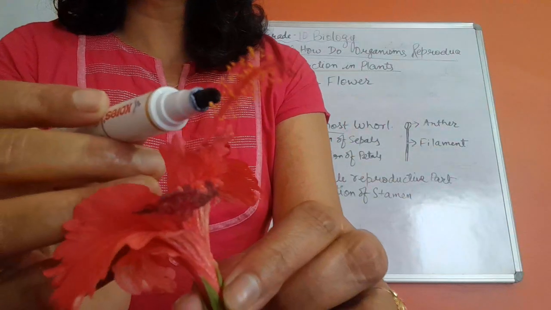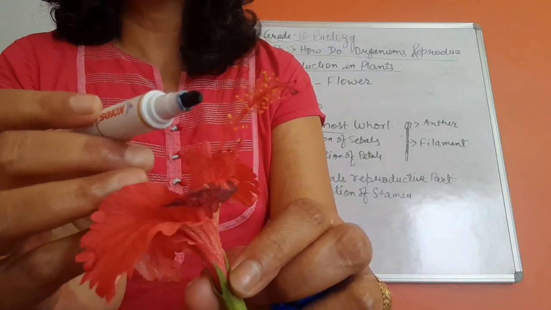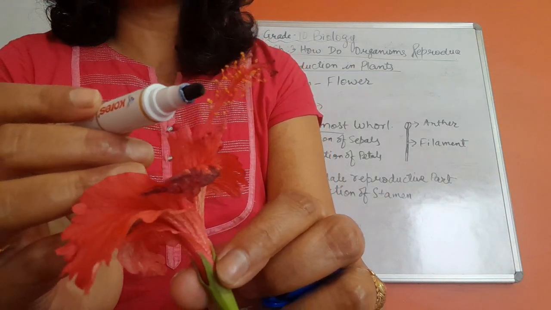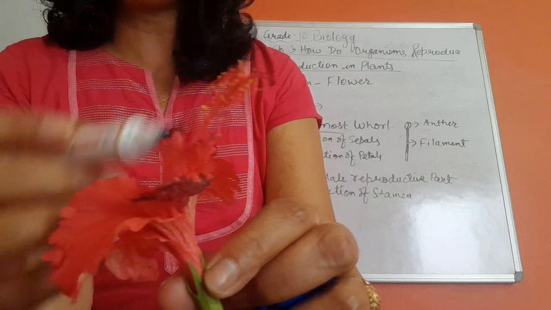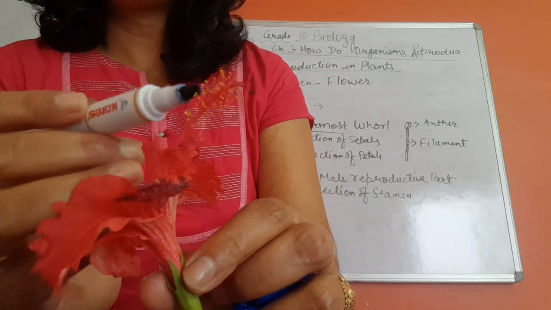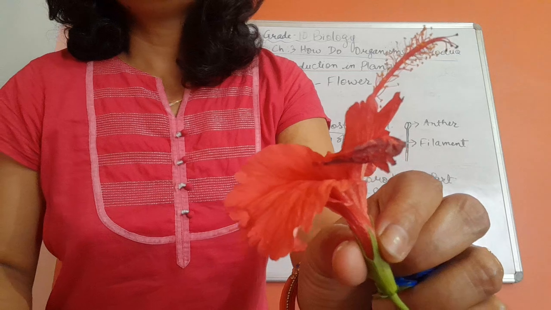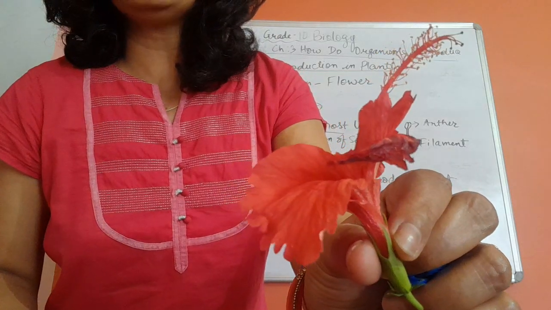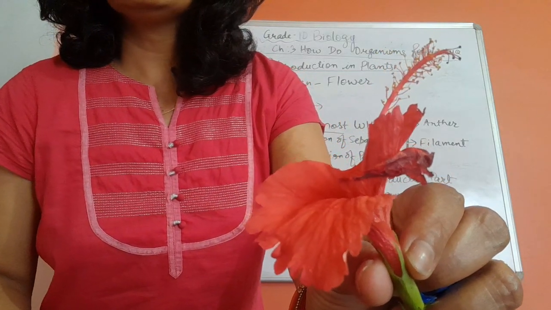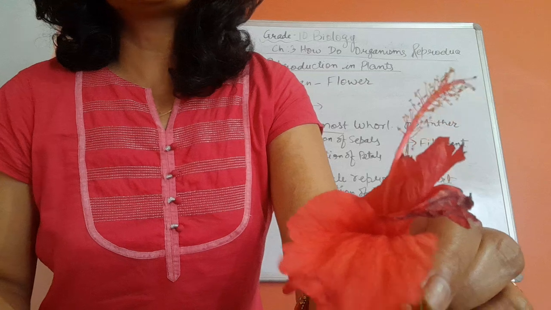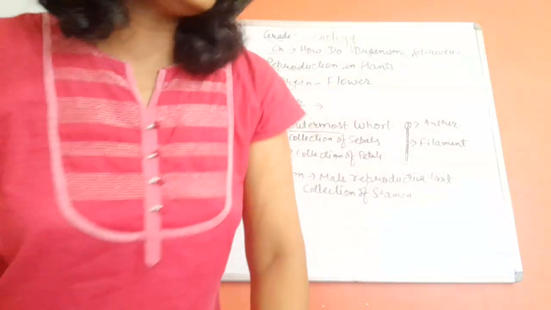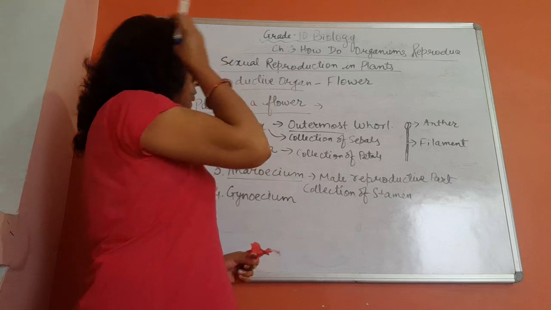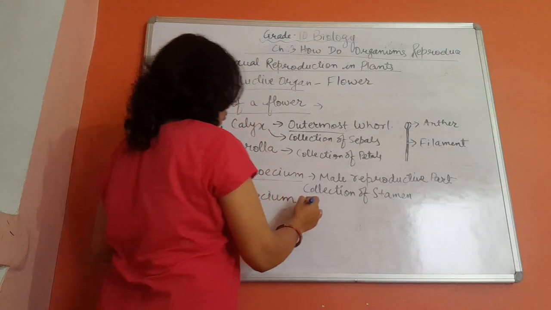This yellow part is anther, and the stalk that you can see which connects it, the central part, that is called filament. The thin structure which attaches with the yellow anther is called filament. Clear?